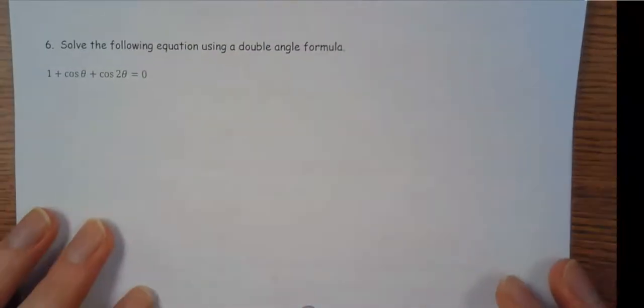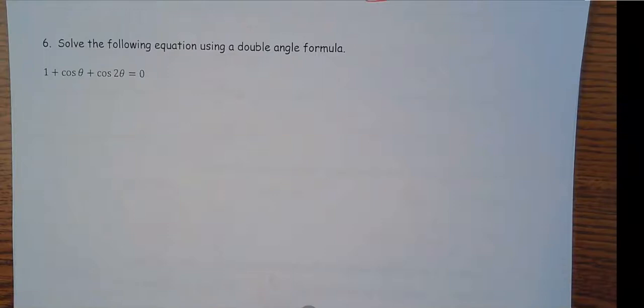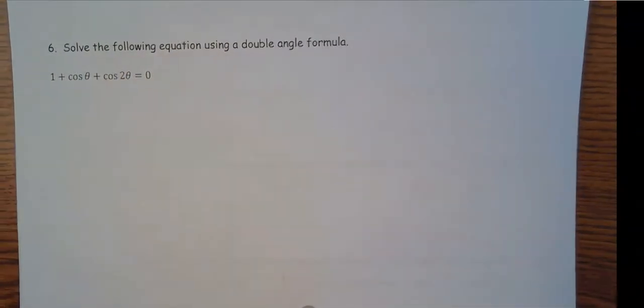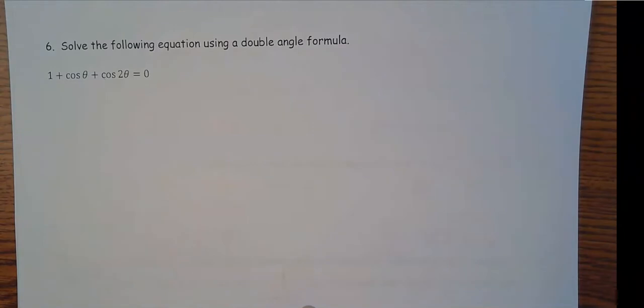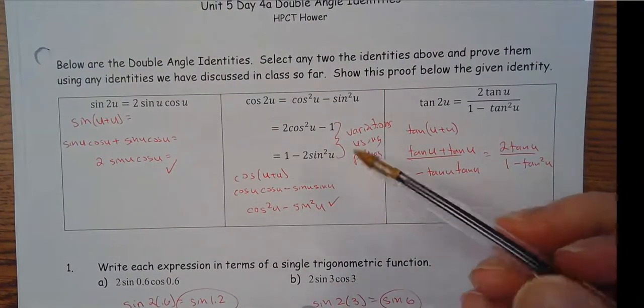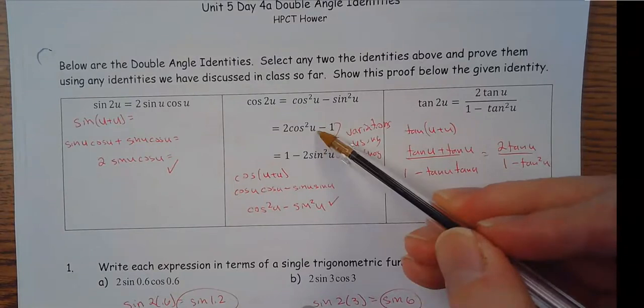Okay. And the last guy down here, we're going to solve this one. A lot of options here. Because when you got cosine of 2 theta, there's three of them you can pick. And I want the one that has a cosine squared in it. If you're looking here, here's your 3. So the one with cosine squared in it seems most helpful to me to use.